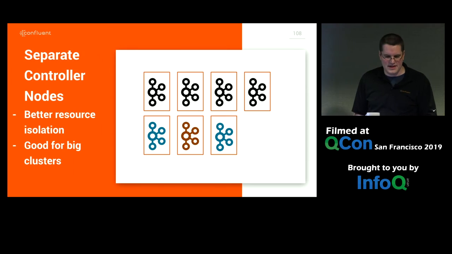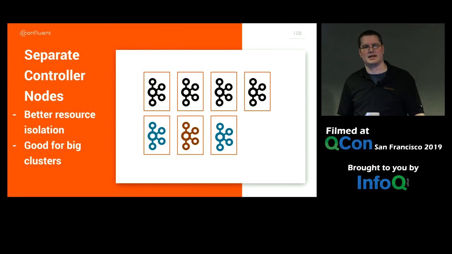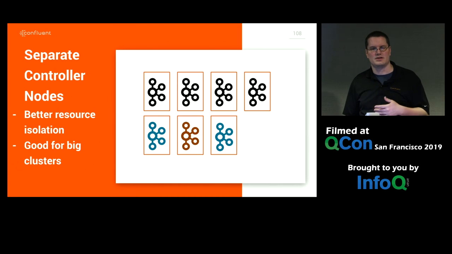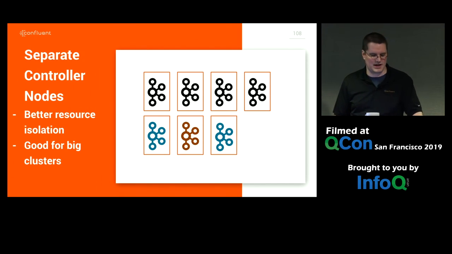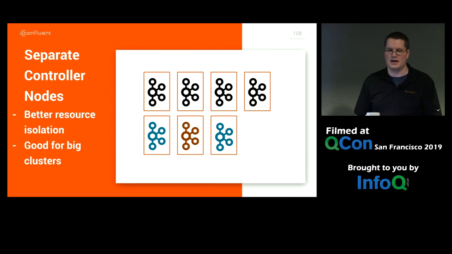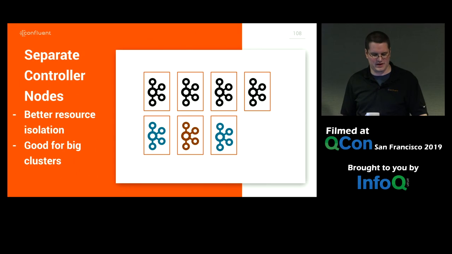And this also has a precedent in the sense that typically bigger clusters will run separate Zookeeper nodes to avoid the performance of the brokers negatively interacting with Zookeeper. So both modes I think will be useful, and I think it will depend on the size of the cluster and maybe what kind of hardware you have, stuff like that. For small clusters, co-location I think will be very useful.